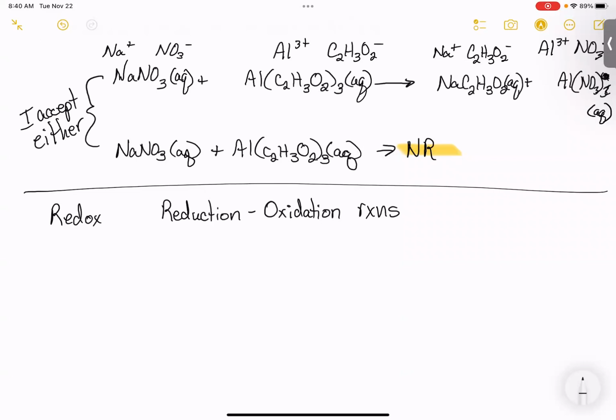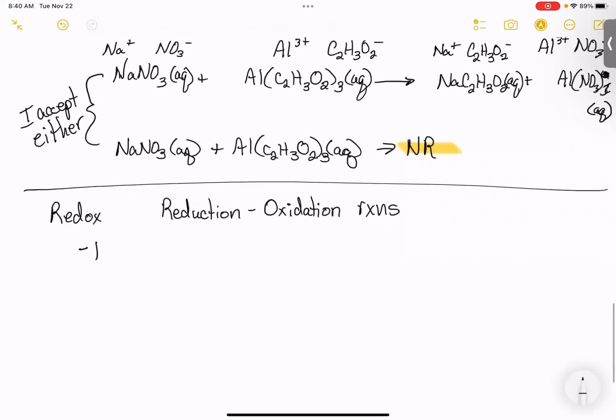You can't have just oxidation occur. If you have reduction, you will have oxidation. And that is because redox reactions are the result of the transfer of electrons.